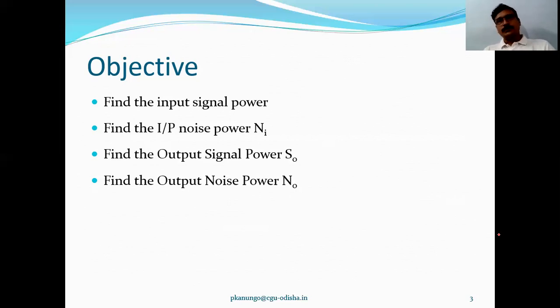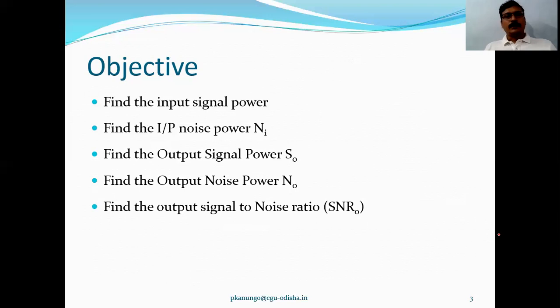Because when you evaluate the performance of any communication system, particularly an analog communication system, we go for the signal to noise ratio, SNR, as the performance evaluation parameter. The signal power divided by the noise power is known as SNR. So finding the output signal to noise ratio is our objective.